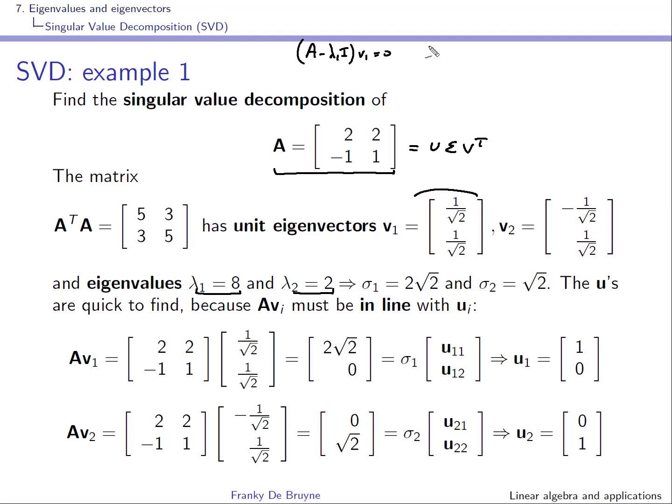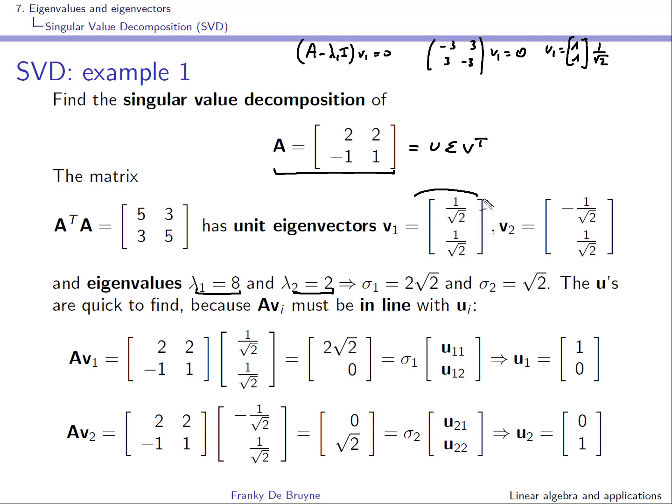Okay, so this will give us minus 3, 3, 3, minus 3 times v1 is equal to 0, and indeed this will give us 1, 1. And of course we'll divide by square root of 2 in order to have unit length eigenvectors.